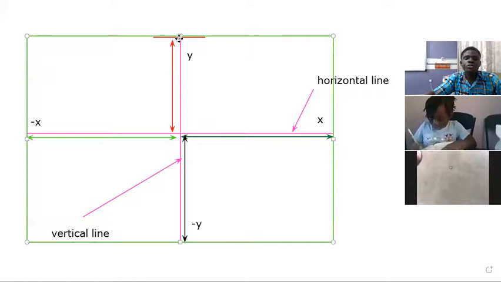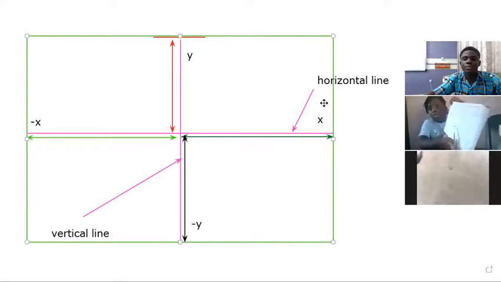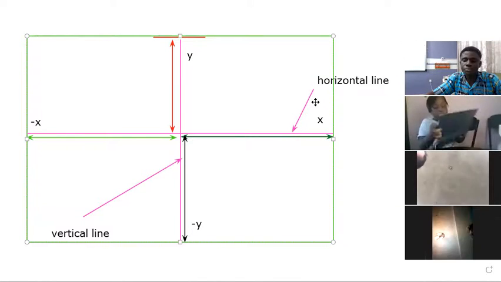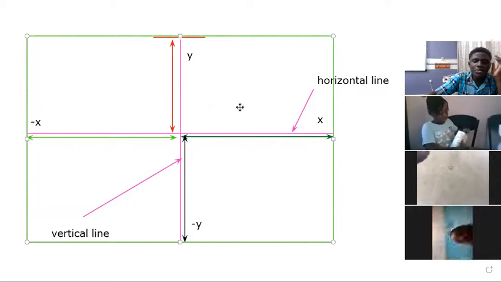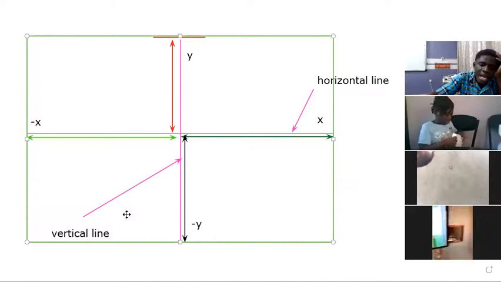And then I told you earlier that the line that goes from up to down, bottom, is called a vertical line. The one that goes from left to right is called a horizontal line. And then we've given them a name.